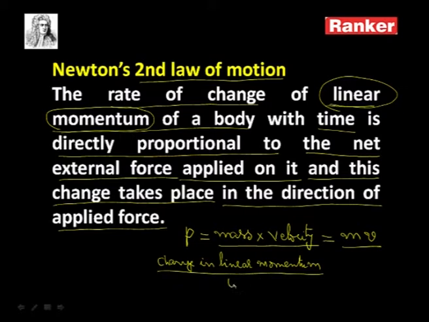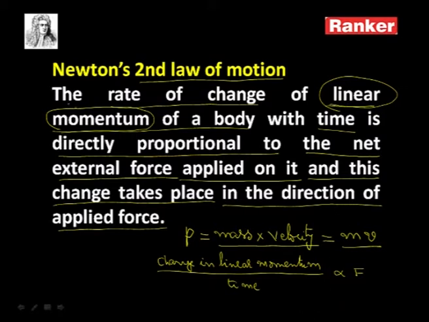This is what we call the rate of change of linear momentum of a body. This change in linear momentum of the body with respect to time, according to this second law, is directly proportional to the force that is applied on the body.